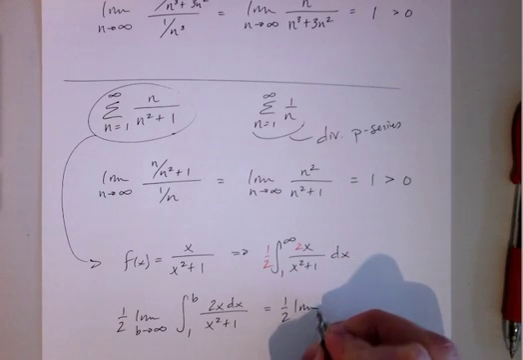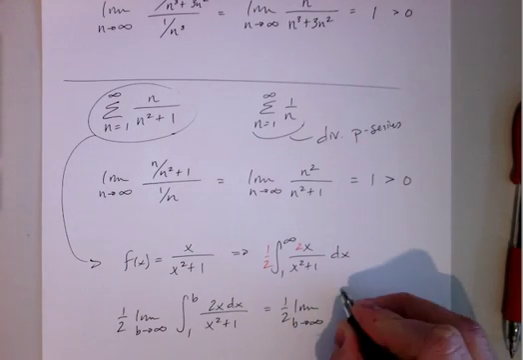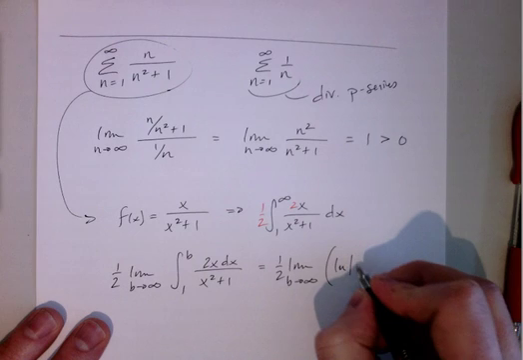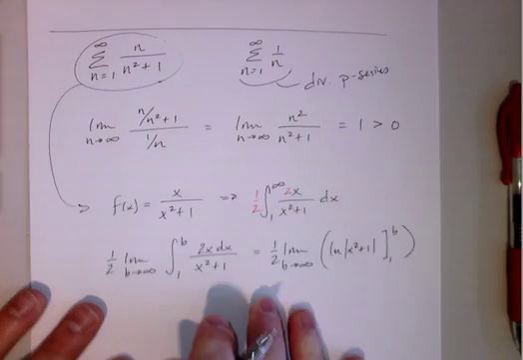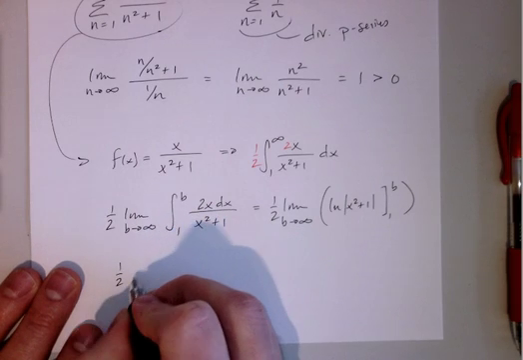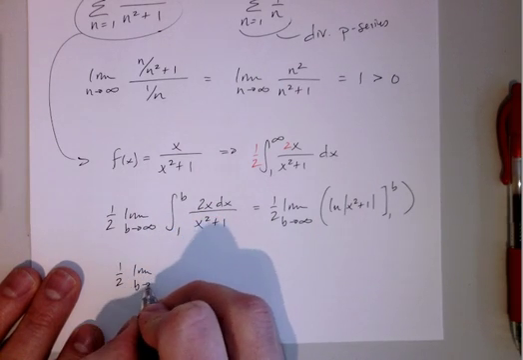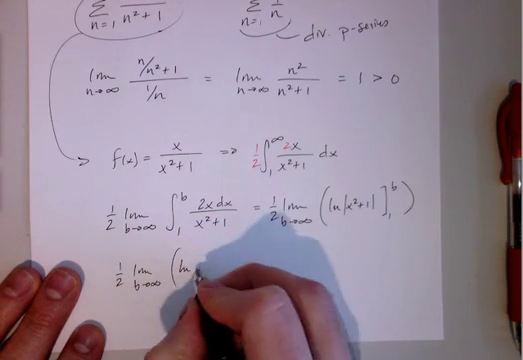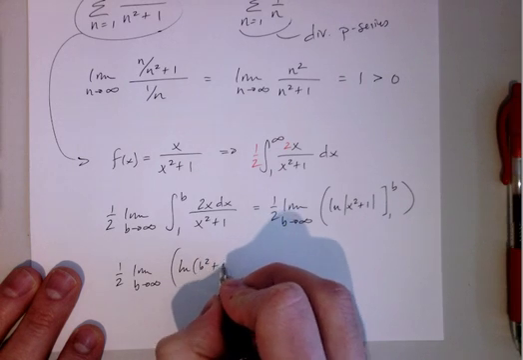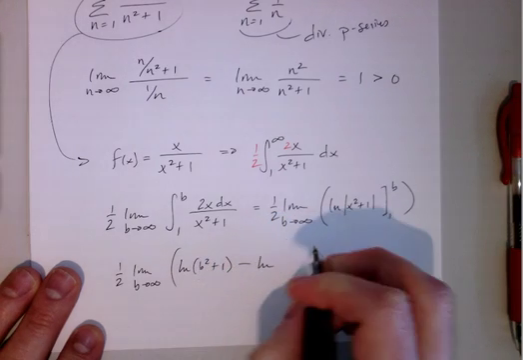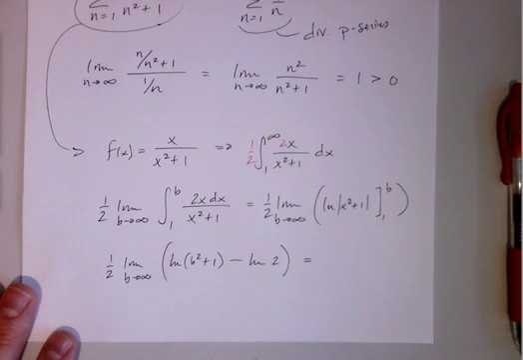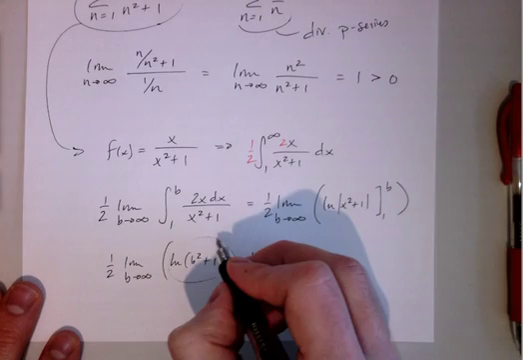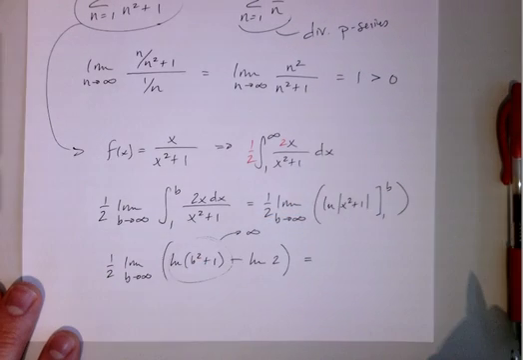That is 1/2 the limit as b goes to infinity of the natural log of x squared plus 1 from 1 to b. If I have 1/2 the limit as b goes to infinity of the natural log of b squared plus 1 minus the natural log of 2, I recognize that by the integral test, this also is divergent because this term right here goes to infinity.